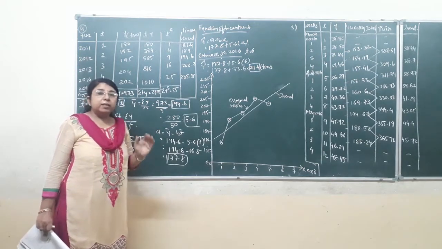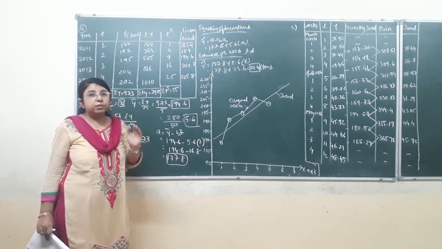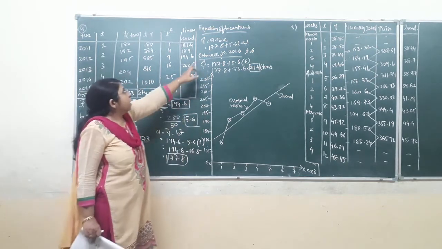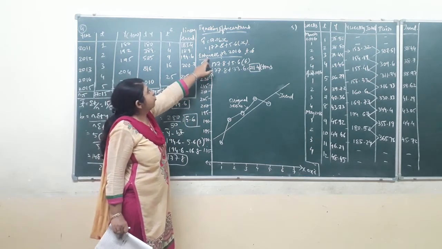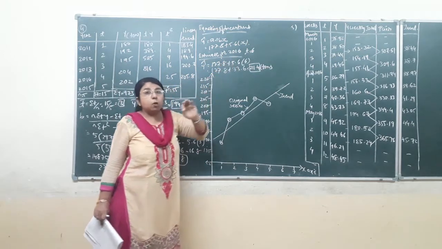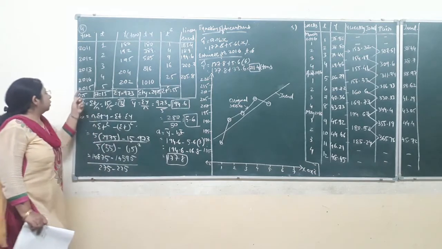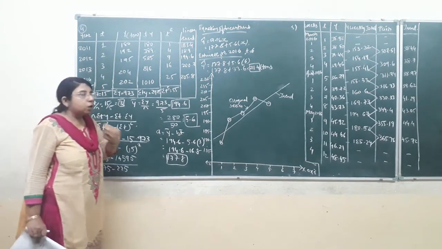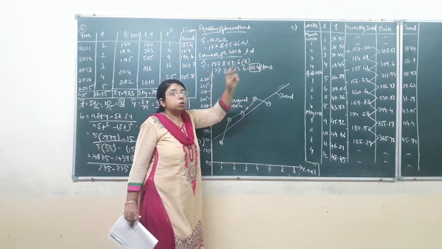Now we have to place the value of x in the estimated value to find the value of y. So now it has been asked in the question, that is to find the estimated value of y for the year 2016. Now students, for the year 2015 we have taken the value of t as 5, and for the year 2016 the value of t that would come to 6.